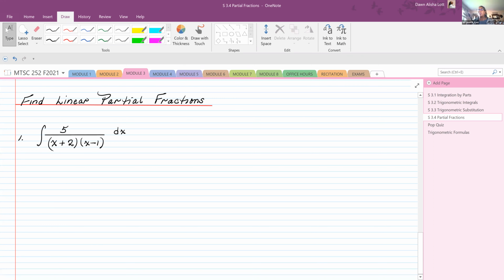So I'm going to take the integrand, that is 5 divided by x plus 2 times x minus 1, and I'm going to write it as A over x plus 2 plus B over x minus 1. Nice and simple.